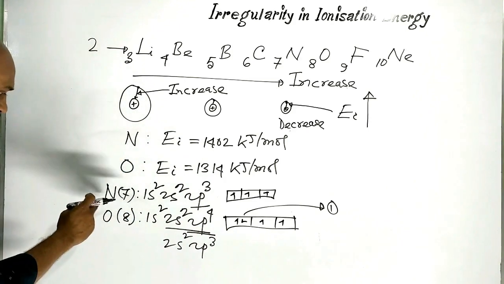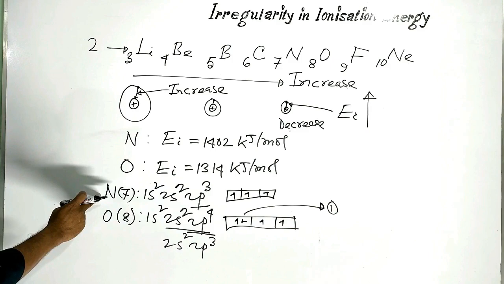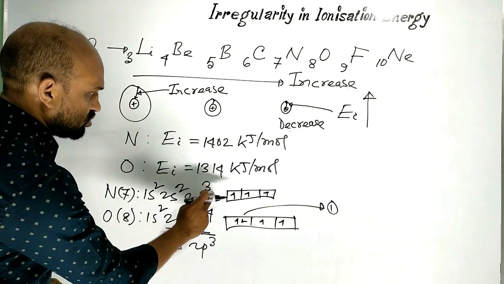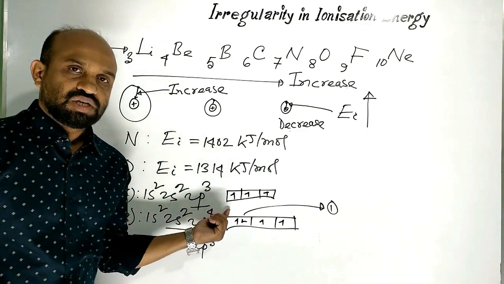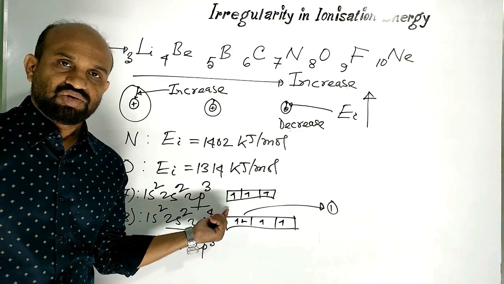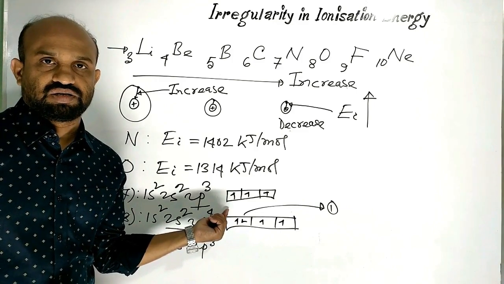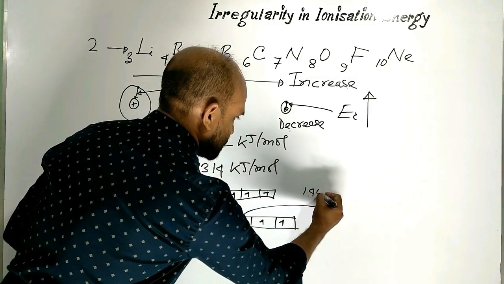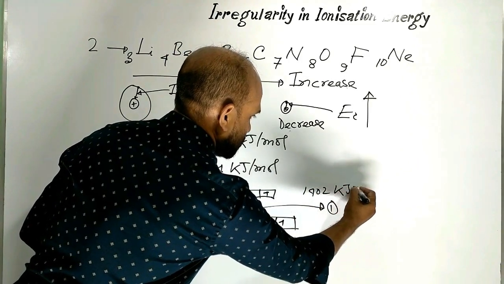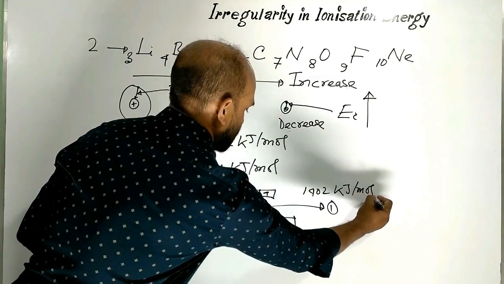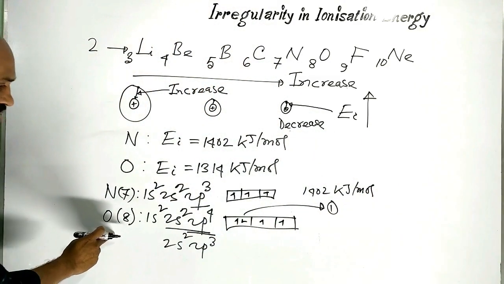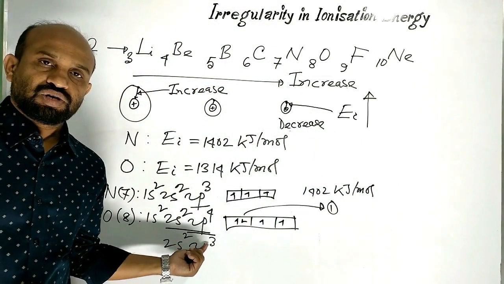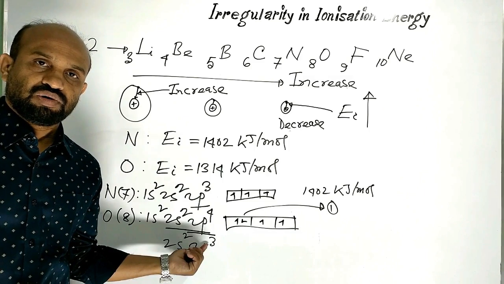So from this stable electronic configuration of nitrogen, removing one electron becomes tough. That is why higher energy is required, and this is 1402 kilojoule per mole. But for oxygen, the electronic configuration is unstable.